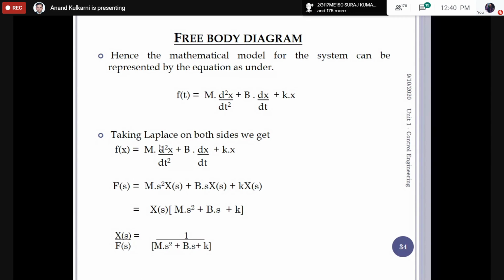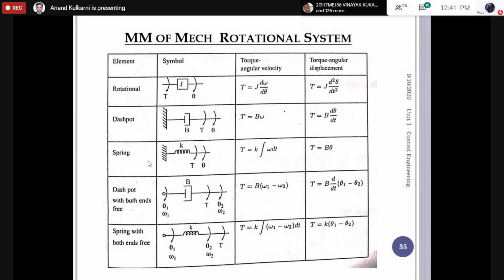But you know, laminar flow never takes place. Most of the time it is turbulent flow only. Turbulent flow means it is velocity to the power 2. So it is a non-linear system. So we assume for a small duration of time the flow is laminar and build the model for it. Then only it is possible. Is it clear? Yes, sir.